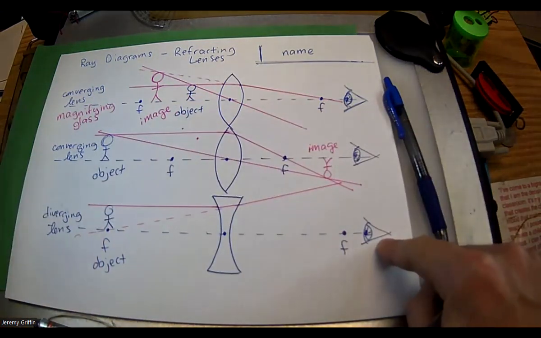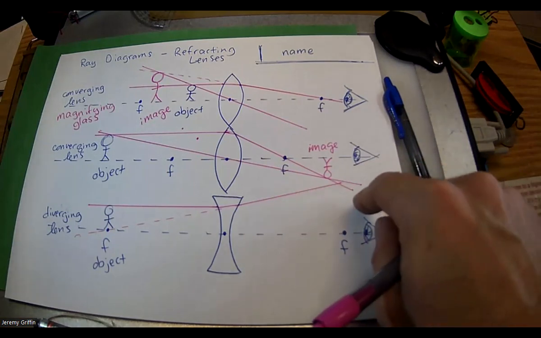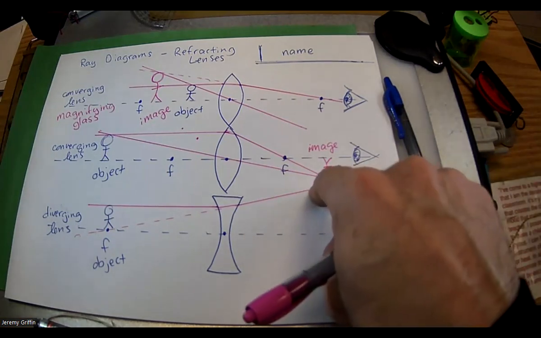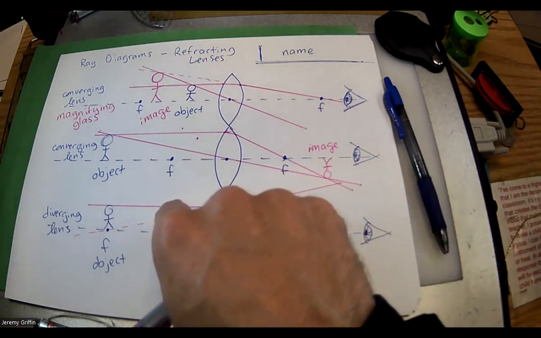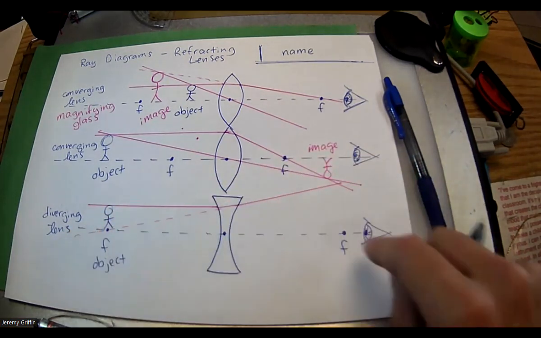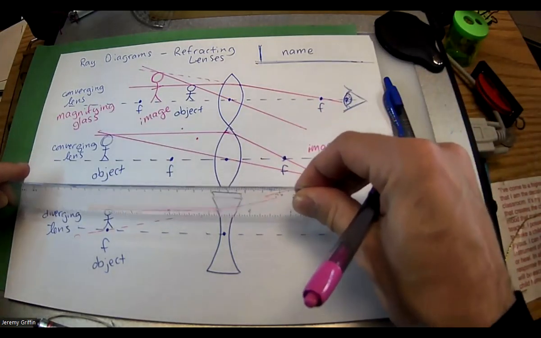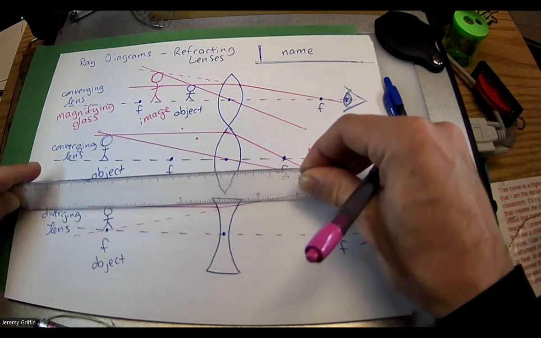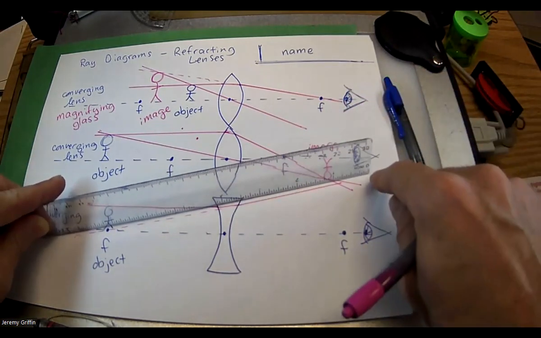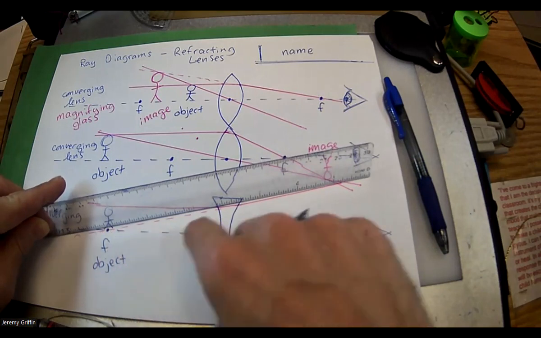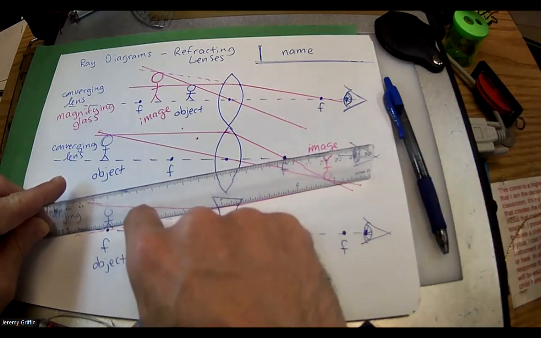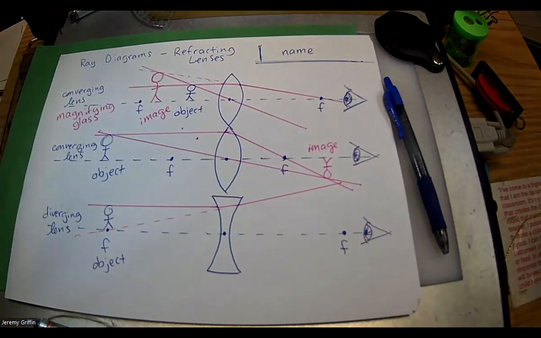So this observer sees this ray of light, and the brain says, "Oh, that ray of light must have come from back in that direction." All right, we got that. So a ray of light parallel to the ground diverges in a way where it could line up with the focal point that I have him standing on. You can extrapolate backwards, a dashed line right there.